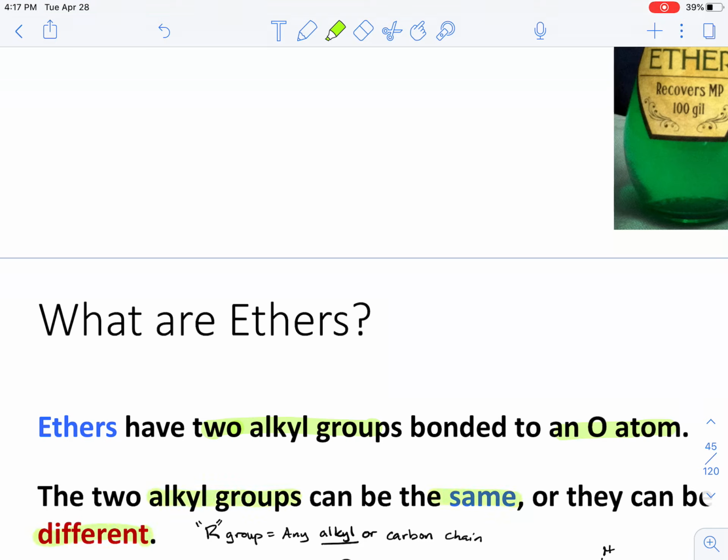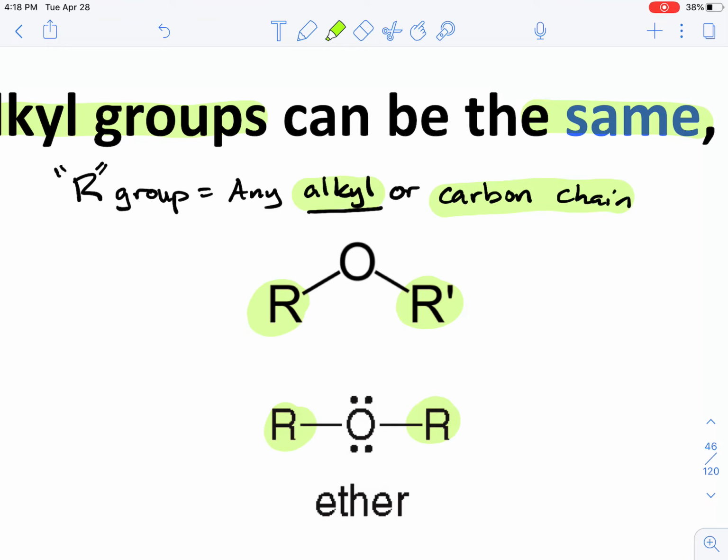You can imagine an alkyl group or carbon chain that's all single bonded, or an alkyl group that has mostly single bonds between carbons and hydrogens, and then you might have another functional group, or a double bond or a triple bond in one of those alkyl groups or carbon chains.